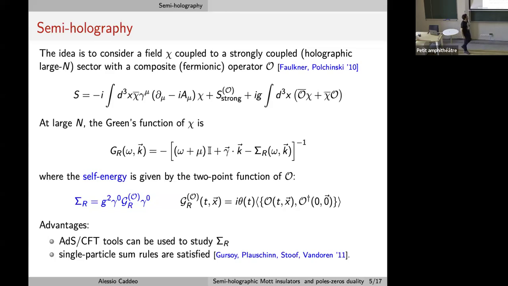In this semi-holographic approach, the self-energy is given by the two-point function of the composite operator, with some gamma matrices due to the spinor structure. So as I said before, with this approach we have two advantages. We can use AdS/CFT tools to compute the self-energy, but at the same time we still have a field chi satisfying single-particle sum rules.